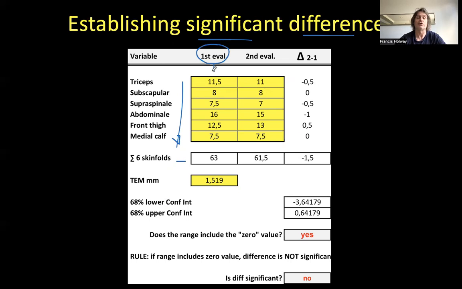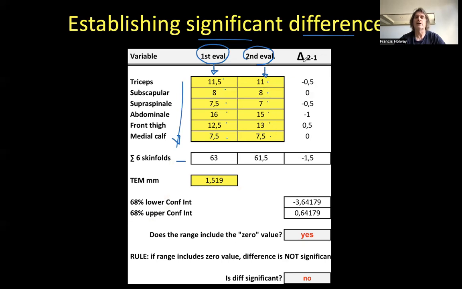Let's say you do this now in August, and these are the values of one of your athletes or one of your trainees. And then let's say in September, a month from now, you measure them again, and you plug in the average of the following results.